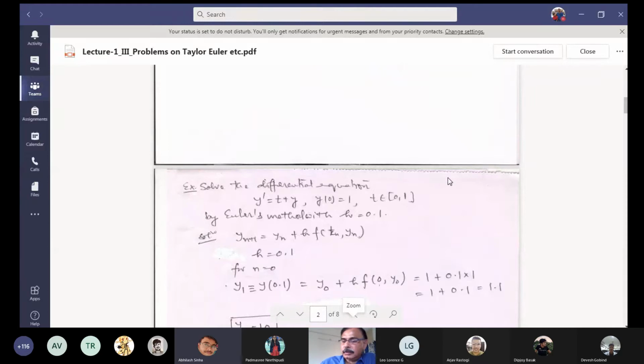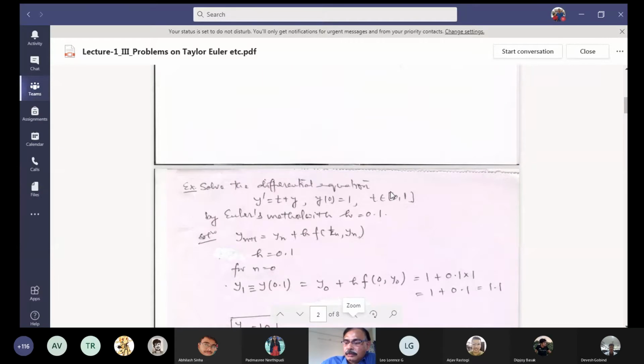Yes, sir. Okay. So y0 is what here? y0 is 1. Here it is given y0 is y at the point x0, so it is 1. x0 will be 0. You have to subdivide this interval 0 to 1.